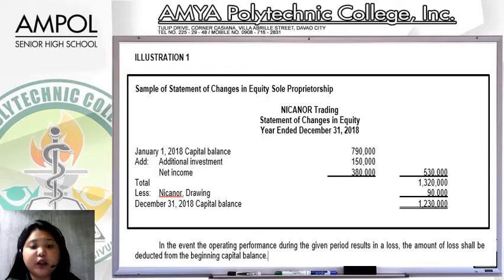In that example, if the operating performance during the given period results in a loss, the amount of loss shall be deducted from the beginning capital balance. That is how we use it for a sole proprietorship.